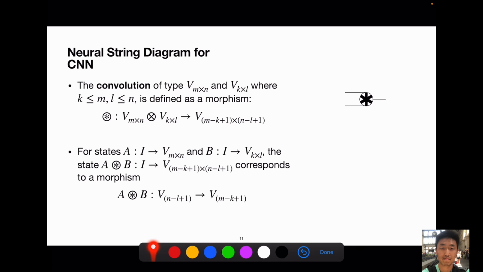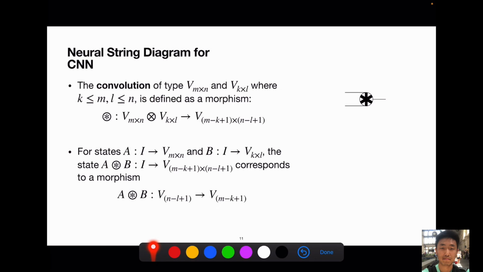Essentially you can think of this as the input and this as the filter space. In particular, this is a very simple convolution that is just stride one and with no padding, but you can design more complex convolutions as you wish.